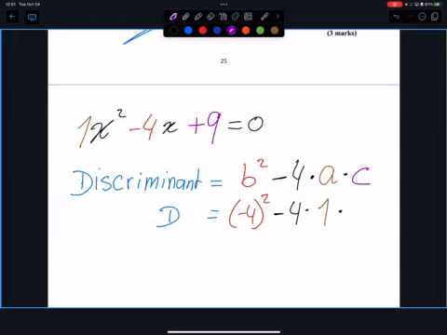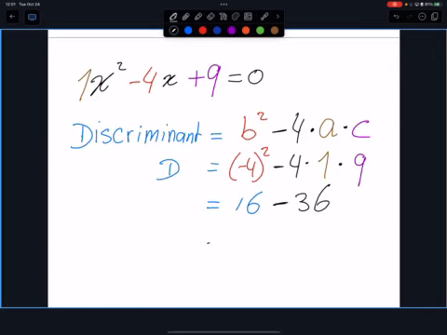Then it becomes 16 subtract 36. 16, when you subtract 36, the answer is negative 20.